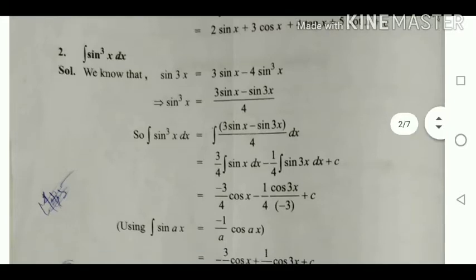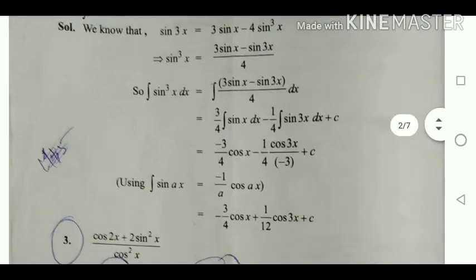Now minus and minus cancel. We get minus 3 by 4 cos x plus 1 by 4 cos 3x divided by 3 plus c. Okay. For sin ax, we write minus 1 by a cos ax. So this is a formula. Equal to minus 3 by 4 cos x plus, 4 3s are 12, minus becomes plus, 1 by 12 cos 3x plus c. Okay.